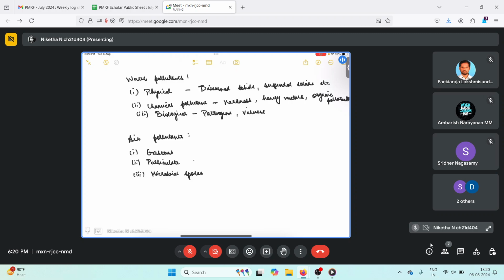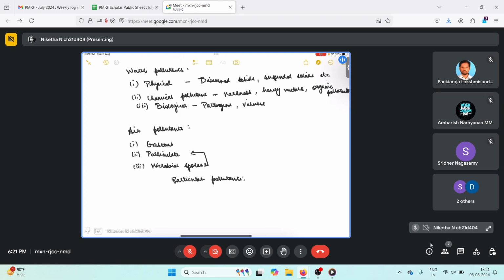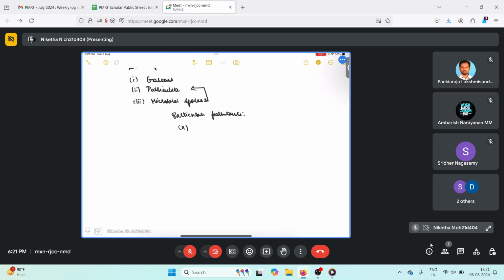Sometimes there could be some interaction between particulate and microbial spores also. For example, microbial spores can get deposited on particulate pollutants and they can travel. Now, when it comes to particulate pollutants, there are two categories. First one is PM10, and the other one is PM2.5.